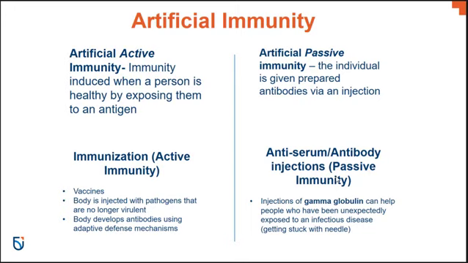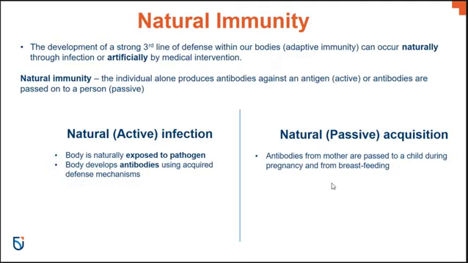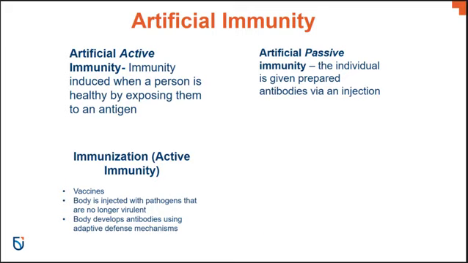Instead of waiting for my body to produce antibodies, because that takes time, just in case it's a very serious virus such as HIV, doctors can actually inject antibodies into me. That's passive because my body's not actually producing the antibodies, but they're being directly injected into my body. And it's artificial because it's a pre-made substance being injected into you, compared to the previous slide when we talked about natural, because these antibodies are coming directly from the mother's milk.